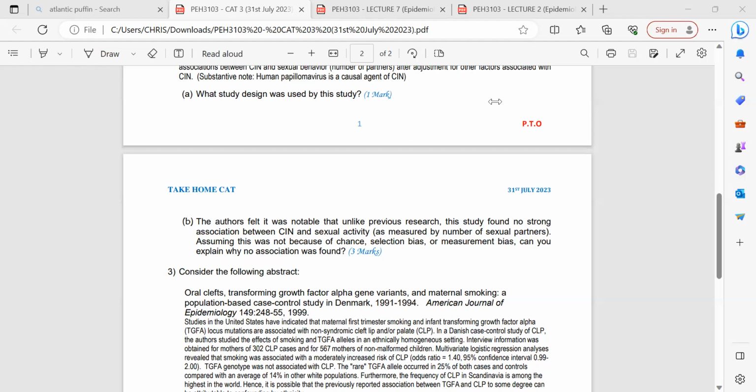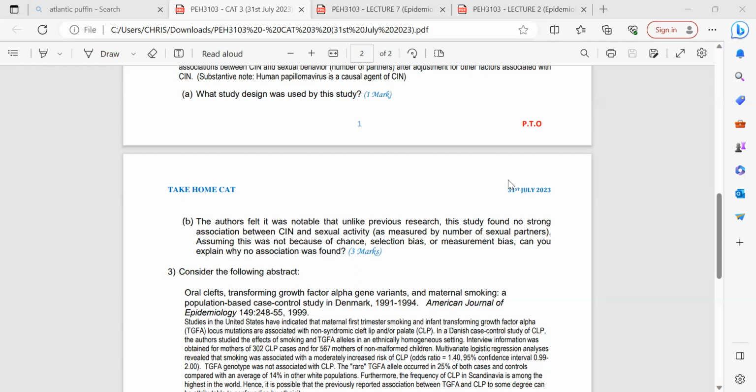So lack of association could be due to confounding variables, maybe which were not adequately controlled in the analysis stage, when they were doing the analysis. Okay. So we can have that point, then we can try and defend it. Then Esther.